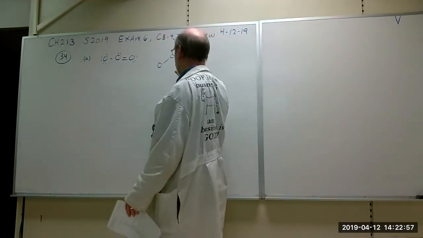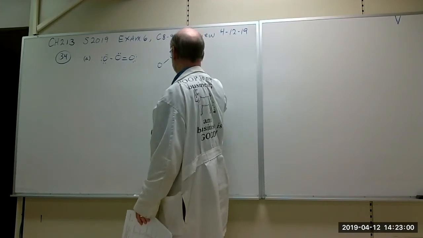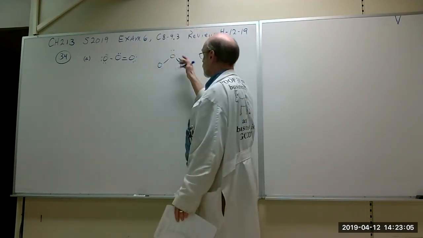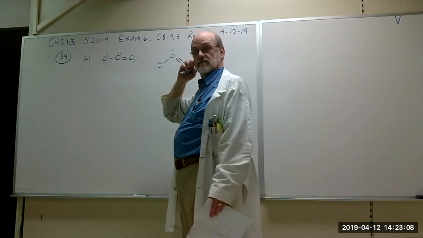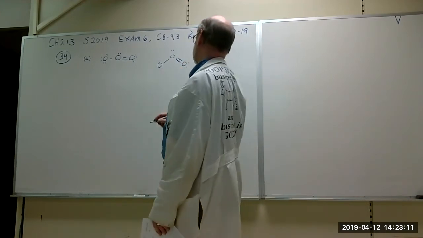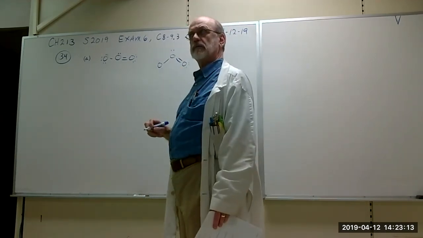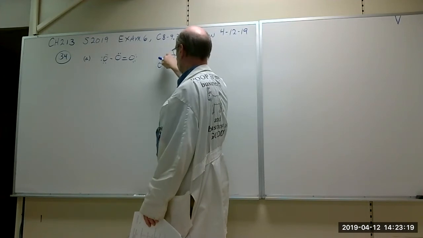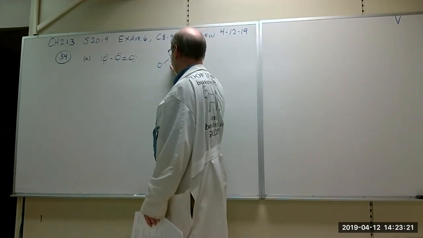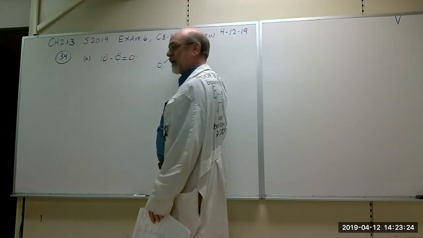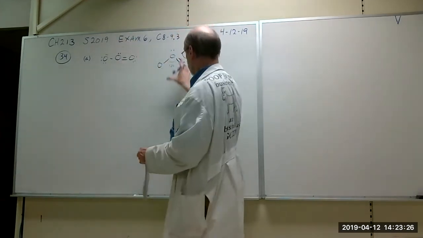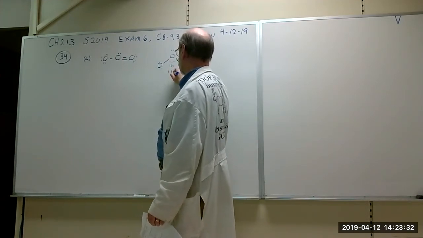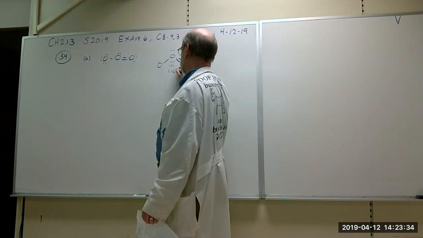And our starting position here would be 120, because it's 360 around, so 120, 120, 120. So 120 would be ideal, but with this lone pair, you know how lone pairs do, they balloon out. So they're going to shrink this down to somewhere around maybe 110, or maybe a little more.